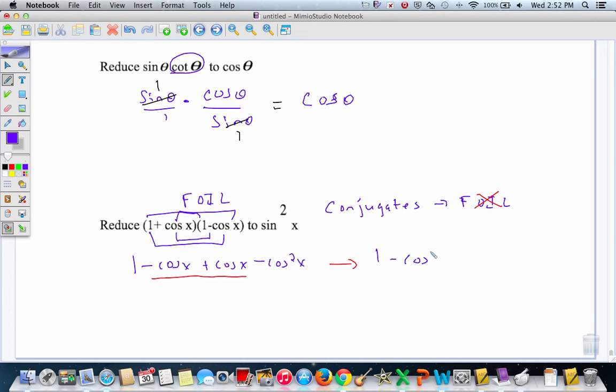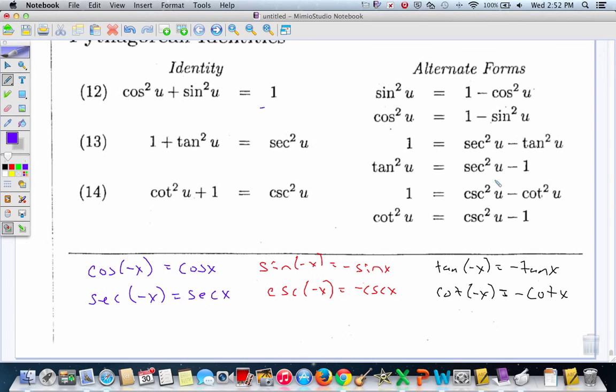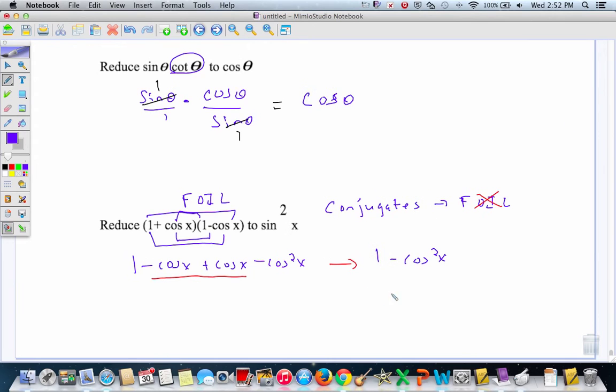They cancel out to be 0 in the middle, leaving 1 minus cosine squared. Back to our identity sheet, 1 minus cosine squared equals sine squared, which is what we were trying to get to. We have changed this product over to sine squared.